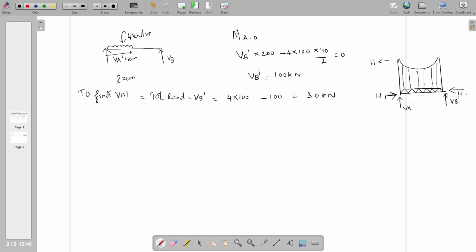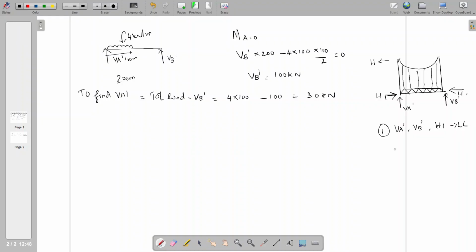So our idea is to list the calculation of VA dash, VB dash and H1, all due to live load. How can we calculate H1? We have to take the moment about the center, because in the girder we will have a moment value.